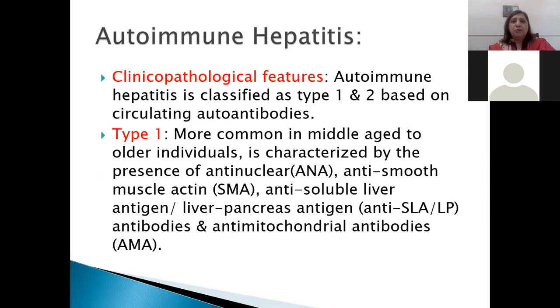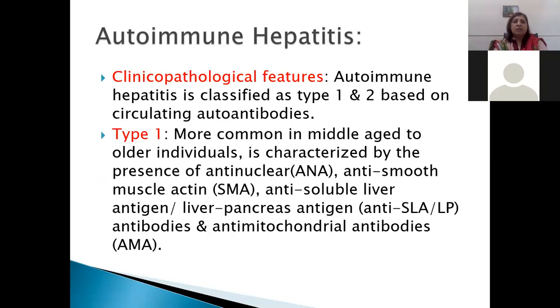There are two types of autoimmune hepatitis depending upon the circulating autoantibodies. Autoantibodies means self antibodies against your self-antigen. So there is type 1 and type 2 autoimmune hepatitis. Type 1 is more commonly seen in middle-aged to older individuals.